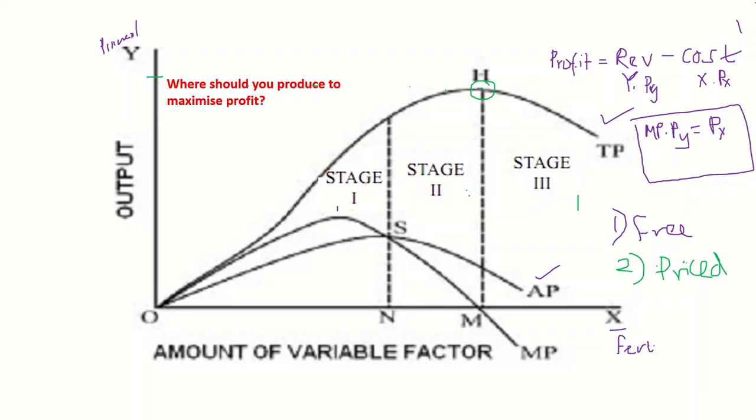So when it's priced, you will have to find, or we say we settle for an optimum point, not the maximum, but we will have to settle for an optimum point, and we say that it happens in stage 2. So if you're interested in reading on further on this, you can read up on why stage 2 is the best range to produce. This range in the production function is the optimum range to produce.